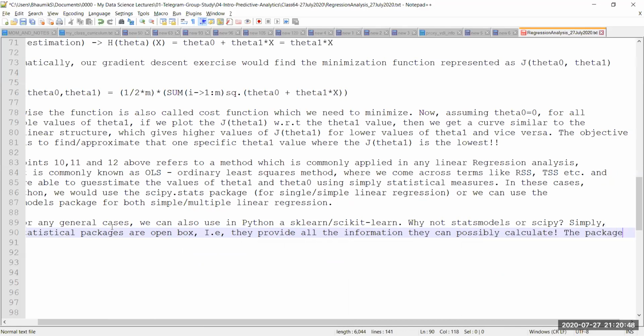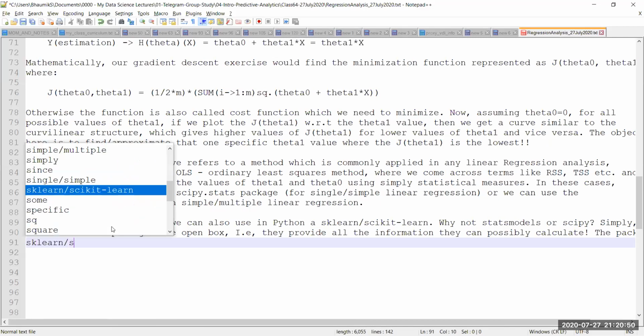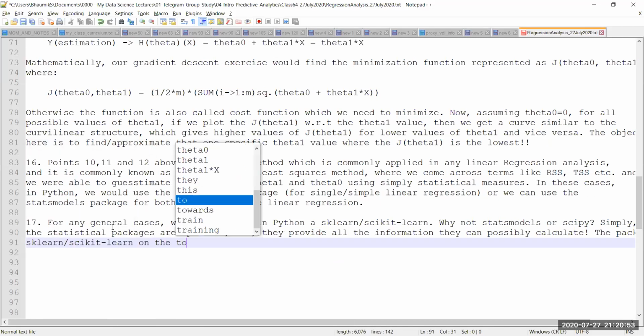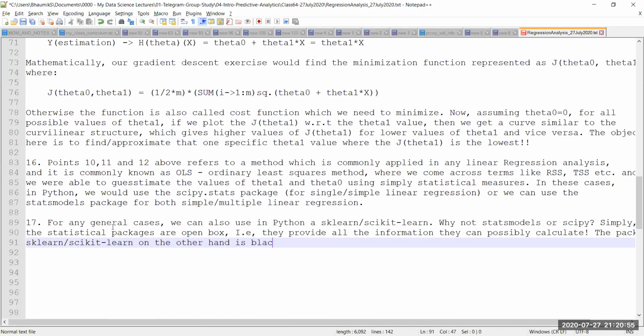The package sklearn or scikit-learn, on the other hand, is black box.